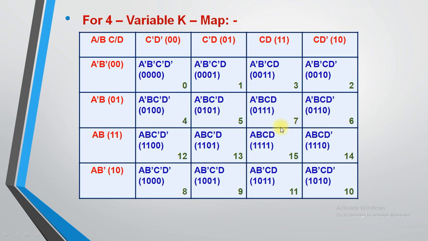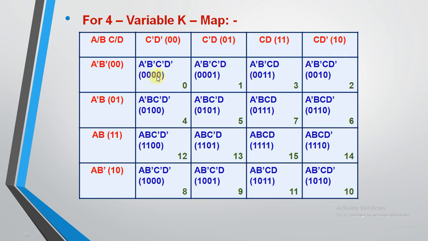But that number I need to write over here. Why? Because we have switched the column. So 8, 9, 10 I need to write over here because we have switched the column also. So 10, 11, 12, 13, 14, 15. So a total of 16 combinations we have written.